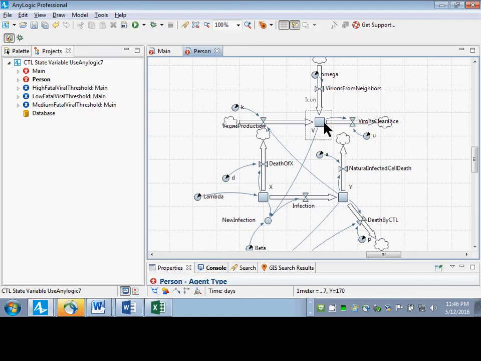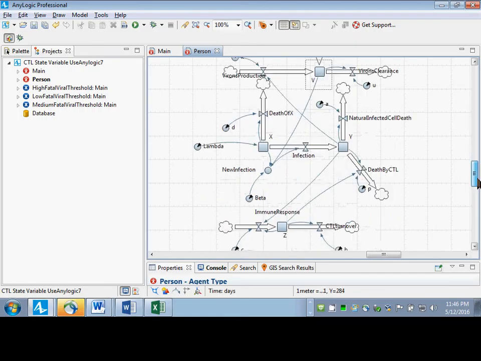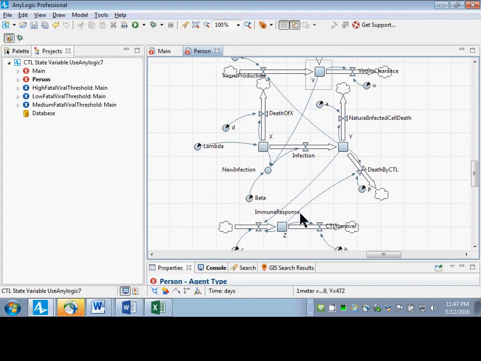Here we have a depiction of the immunological dynamics of a given person. Alan knew quite a bit actually about immunological dynamics. So here we have a stock, an accumulation, that represents free virions in a person, free virus particles. X and Y represent uninfected cells and infected cells, and cells can die via attack by the cell-mediated immunity, the cytotoxic T lymphocytes.